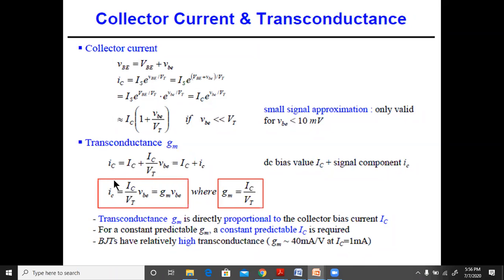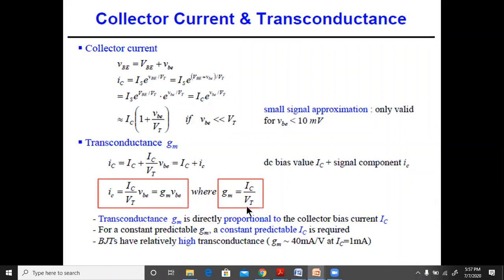Output current we know very well is IC, and input voltage we know very well is VBE, right? VBE is the input AC signal, and IC is the output current. That is why GM is transconductance. This GM is directly proportional to the collector bias current IC, and inversely proportional to VT, the thermal voltage.